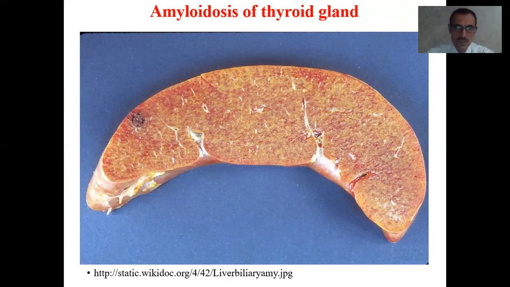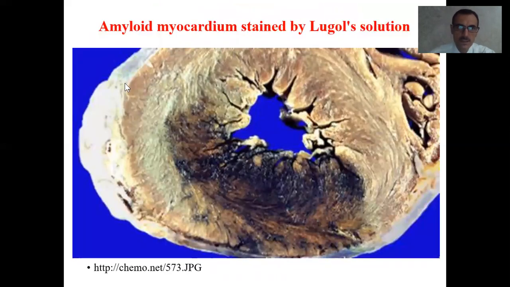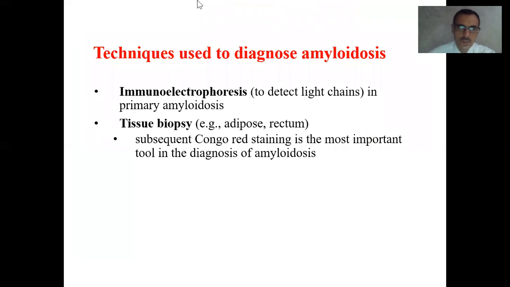The gross appearance of the thyroid gland in amyloidosis, and the amyloid myocardium stained by Lugol solution. You see here the affected areas became dark black after the action of the Lugol or iodine solution.